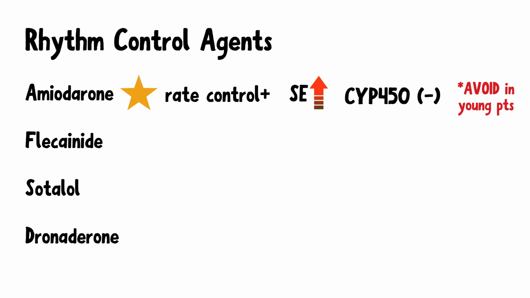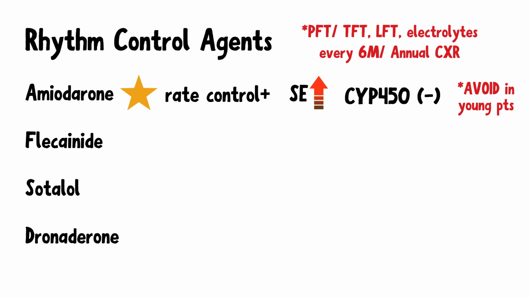Generally, amiodarone is avoided in young patients due to its cumulative effects on the body. Whenever you start a patient on amiodarone, you should do a baseline PFT, TFTs, LFTs, and electrolytes every 6 months, and an annual chest X-ray.